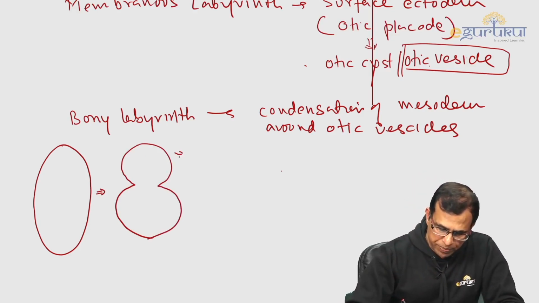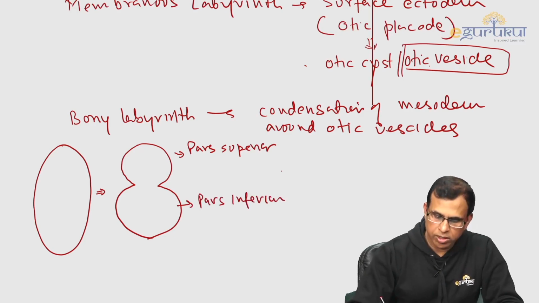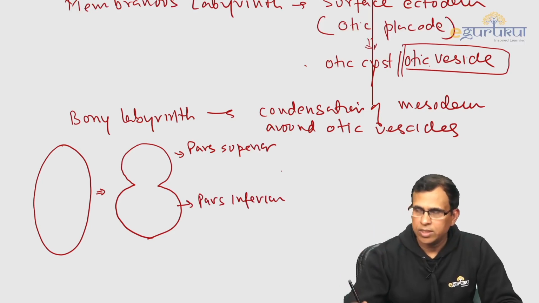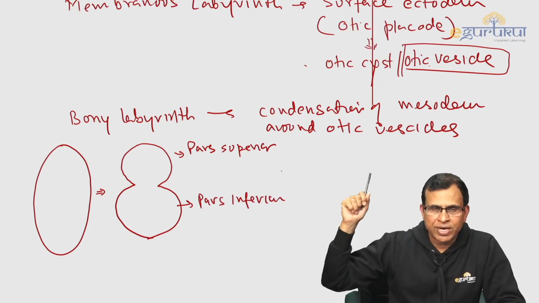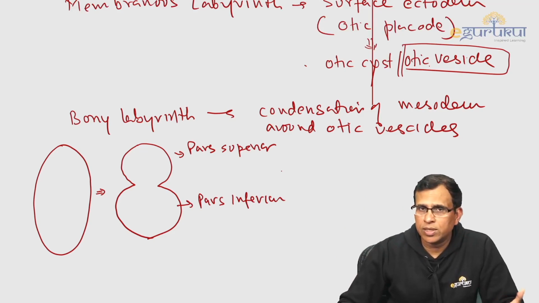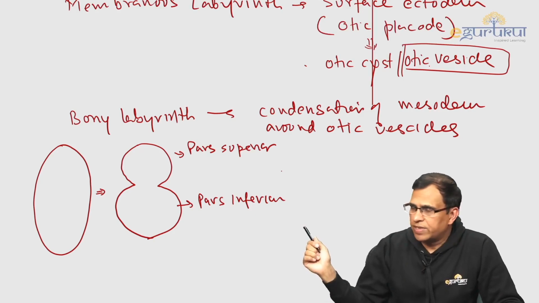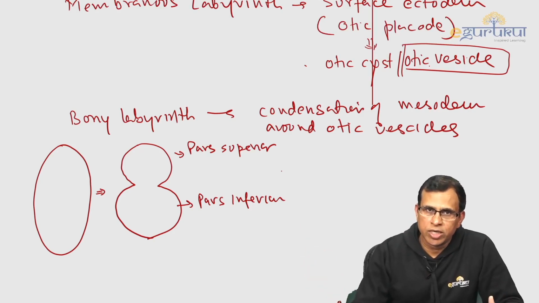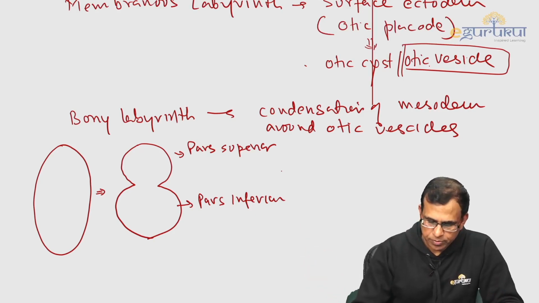This upper part is called pars superior and this lower part is called pars inferior in the otic vesicle. And we know by now that pars superior is going to develop into the utricle, semicircular canals, endolymphatic duct and endolymphatic sac, and the pars inferior will develop into the cochlea and the saccule.